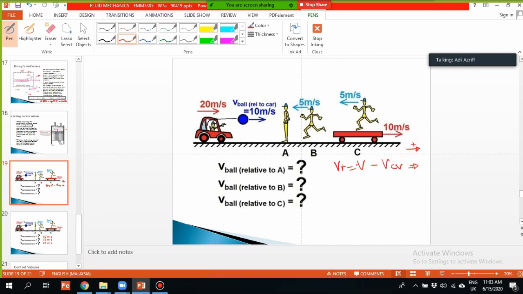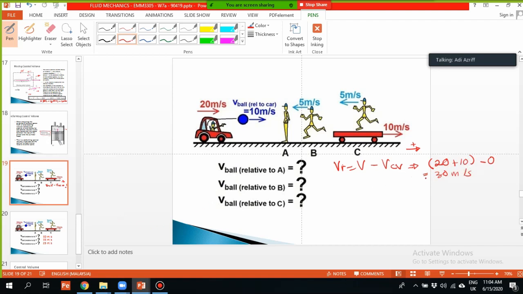So VR is equal to V, our main velocity: the direction of the car is 20, the direction of the ball plus 10, minus V control volume, which is 0. So the answer should be 30 meter per second.